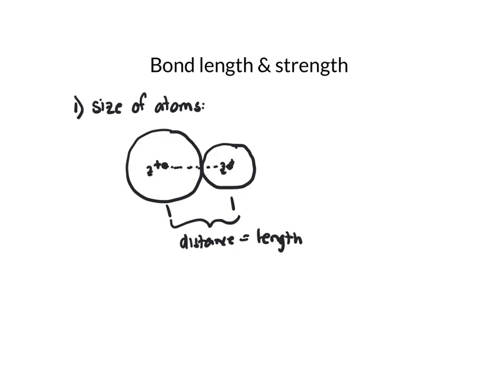And so the bigger the atoms, the further away the nuclei are going to be from each other. So larger atoms mean longer bonds.